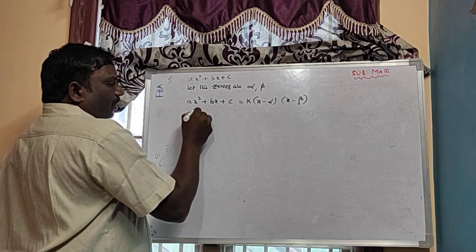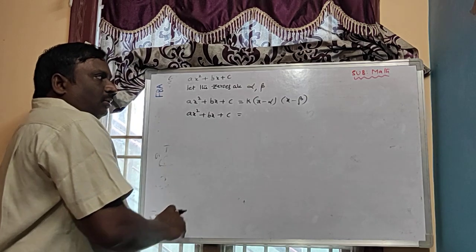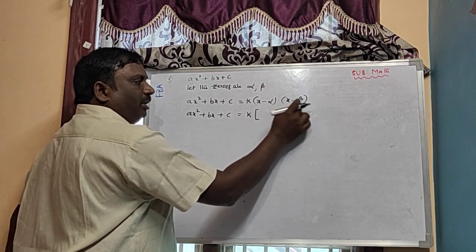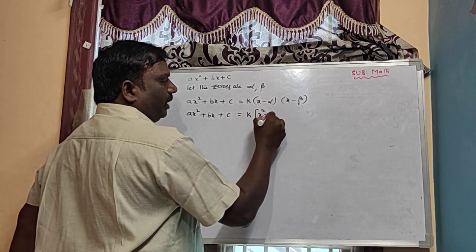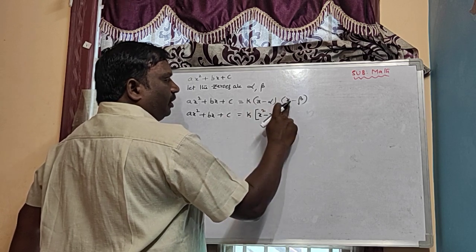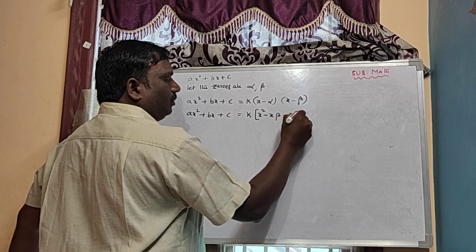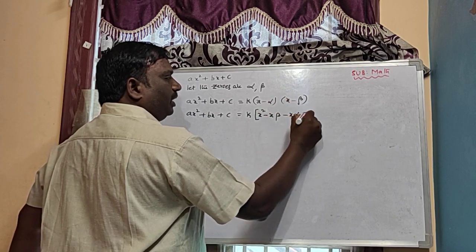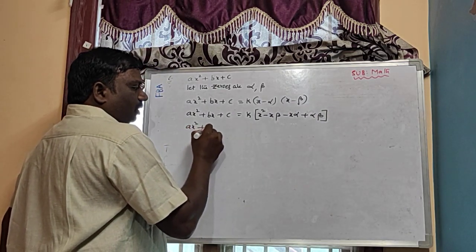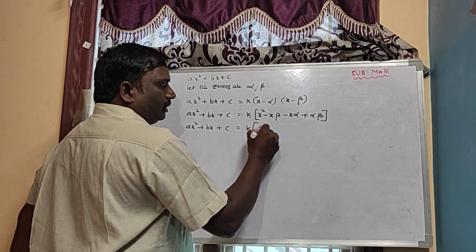Then ax square plus bx plus c equals k into, multiplying these two, x square minus x into beta minus x into alpha plus alpha into beta. So ax square plus bx plus c equals k into x square.